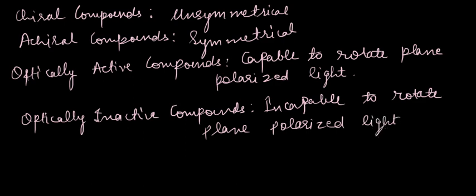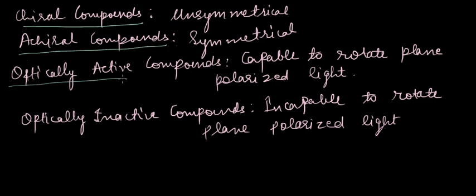so now we will be looking into some of the formulas we can derive from the polarimeter tube experiment. Okay, so observed rotation is directly proportional to the concentration of the optically active compound in the tube, and it's also proportional to the length of the polarimeter tube.